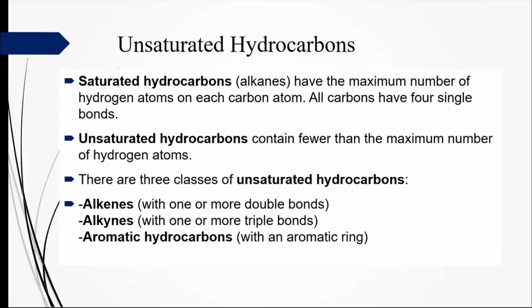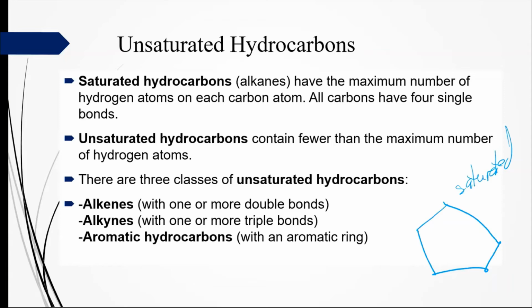So if we have 4 single bonds, then we are going to be saturated for our carbons. If we don't, if we have a double bond anywhere in there, then we're going to have an alkene or alkyne or an aromatic. So something like this, our cyclopentane, this is actually saturated because none of those carbons have a double bond on them.